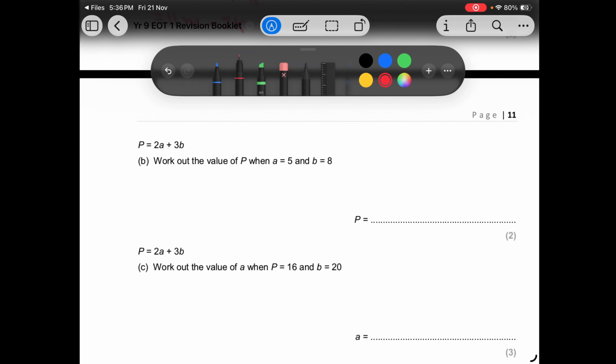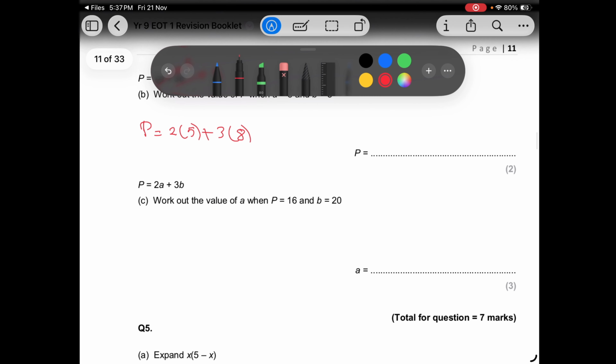The value of a is given as 5, and the value of b is given as well, it's 8, so p will be 2 times 5 plus 3 times 8. Then you can do this by calculator or mentally. Both are really super easy. It's achievable for everyone. Here it's the same with different a and b.